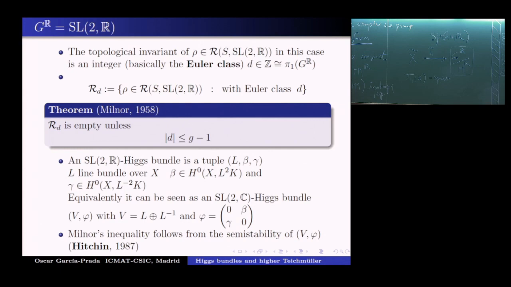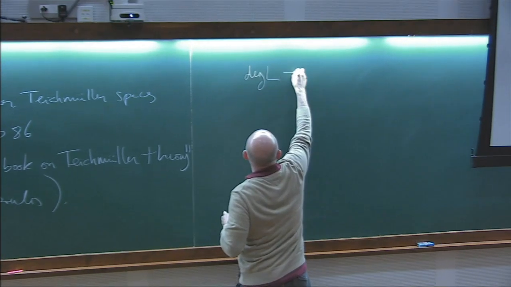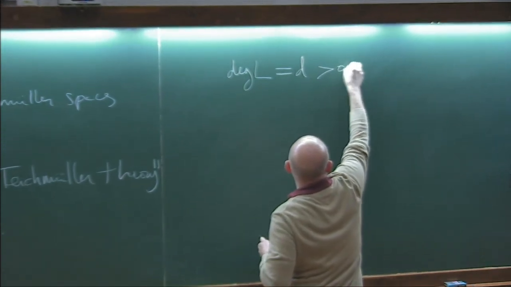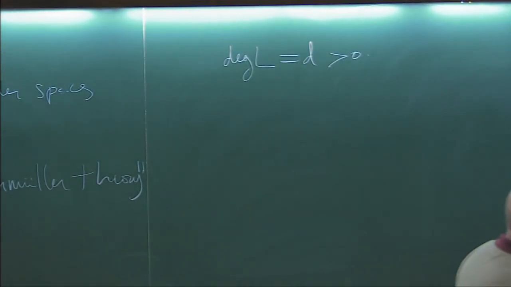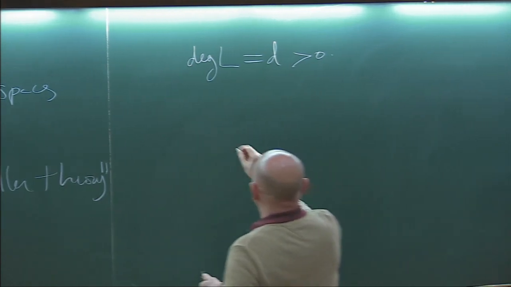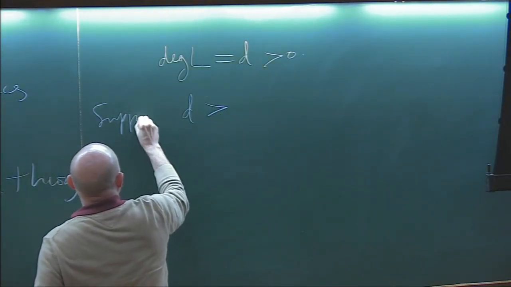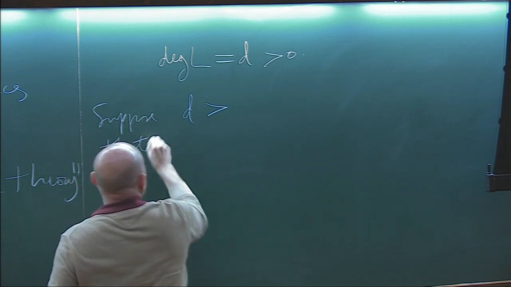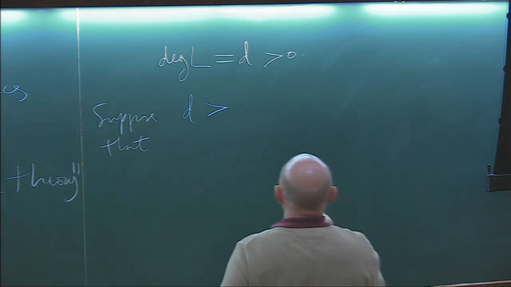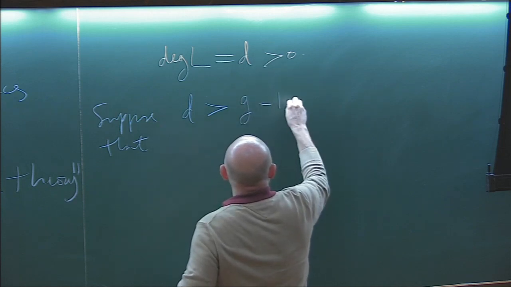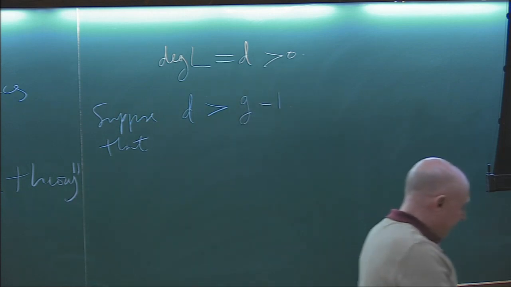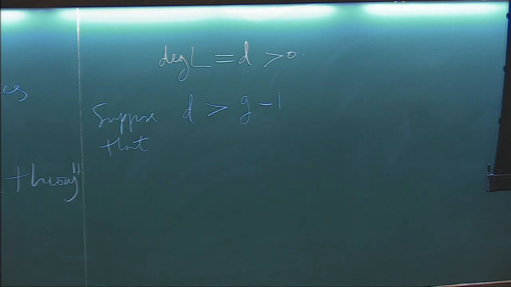Without loss of generality, you may assume that the degree of L is positive; the same works for negative. Now suppose that Milnor's inequality is not true. Suppose that the degree is bigger than g minus 1. Then notice that gamma is 0, because this is a line bundle of negative degree.